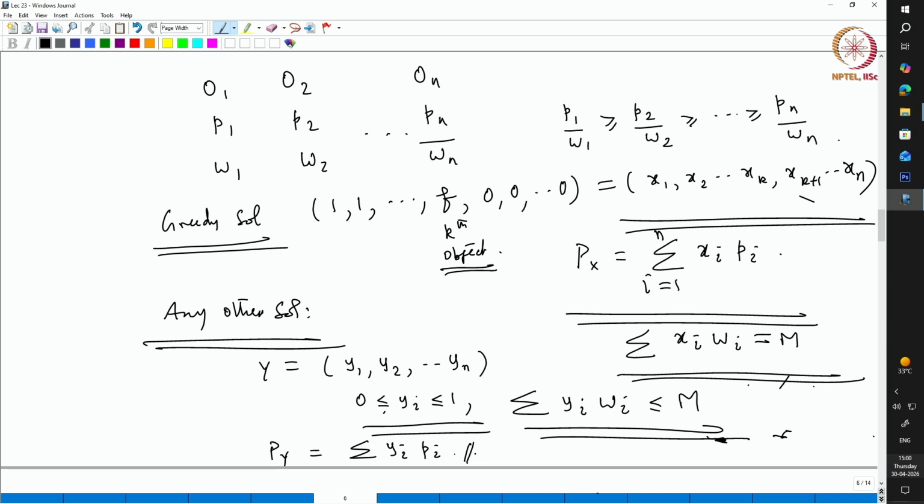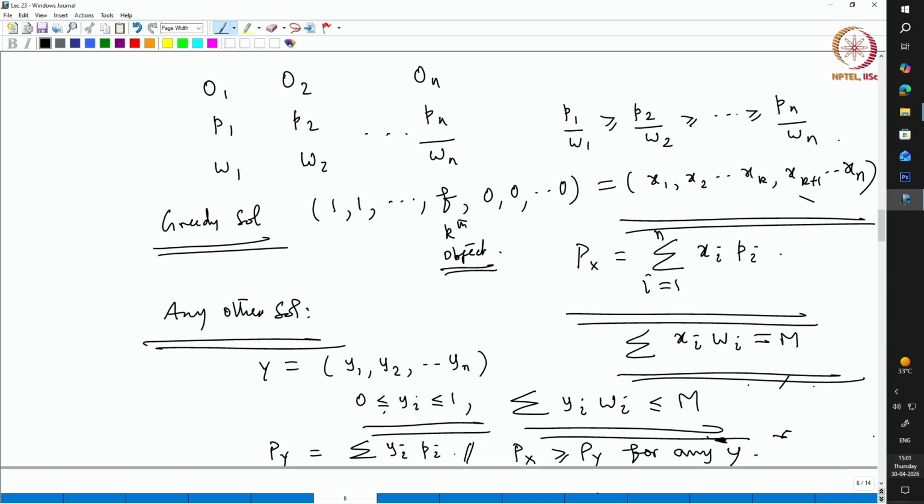What is that we want to show? We want to show that Px is greater than or equal to Py for any y, for any feasible solution. With every feasible solution you are going to get some profit, but the profit you get based on the greedy solution is optimal.